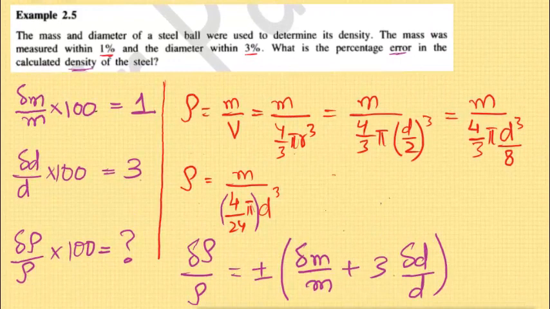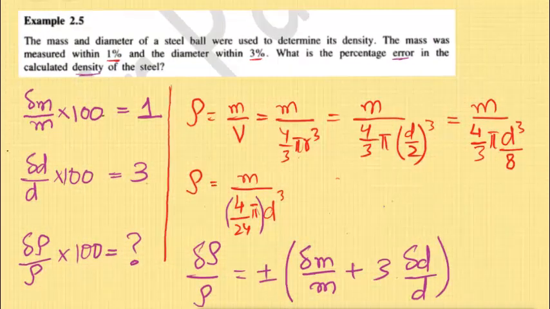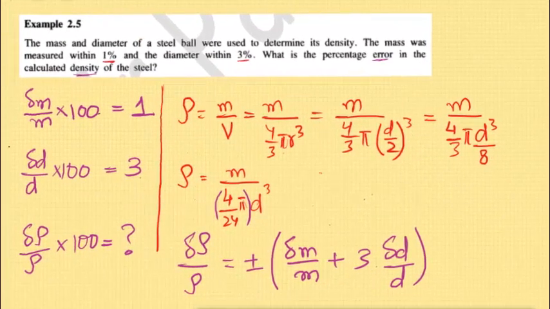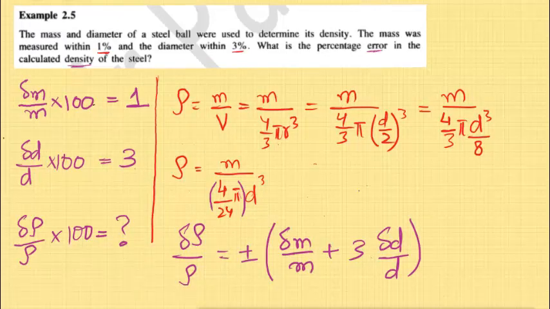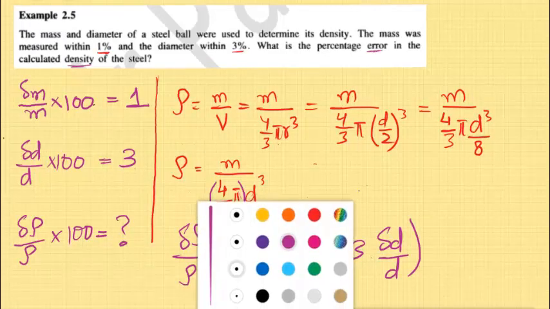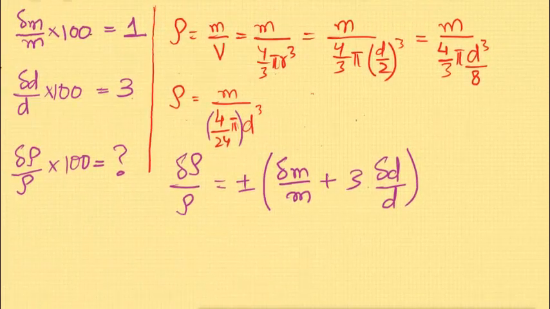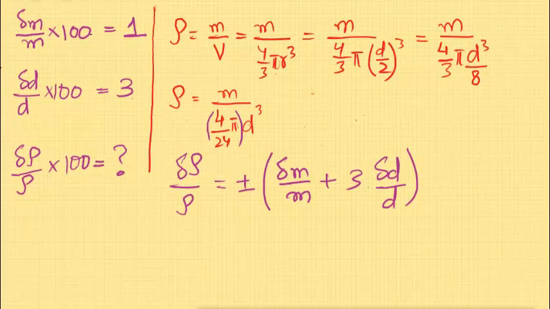Now, when I am successful in figuring out the equation for the fractional error of density, if I multiply this whole equation with 100, I will be able to deduce an equation for the percentage error of density.